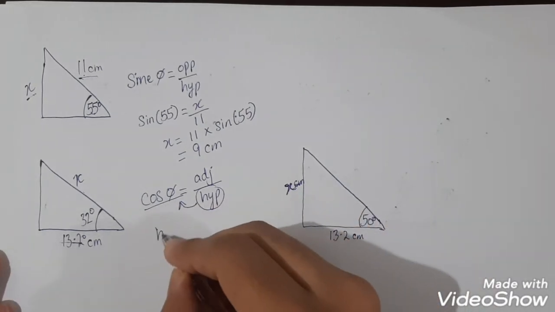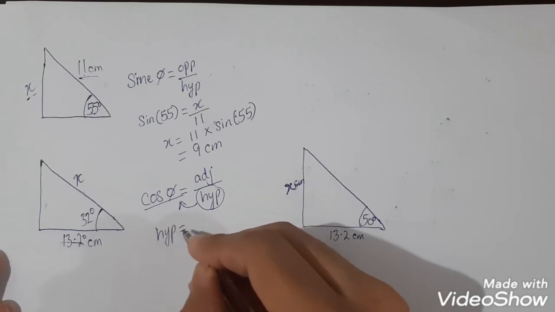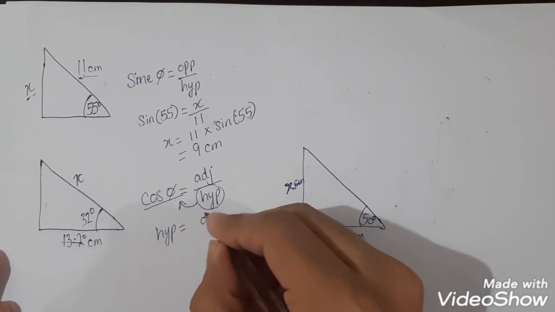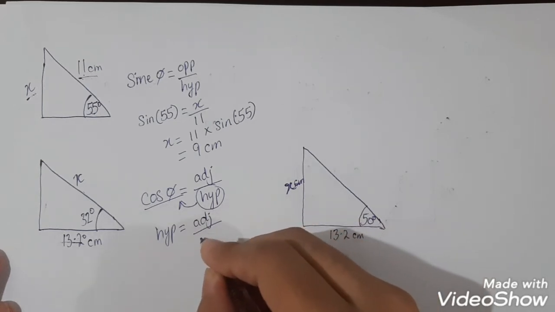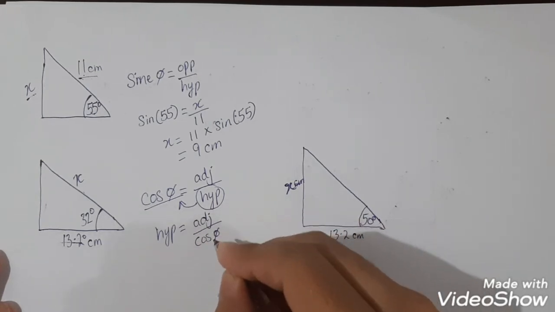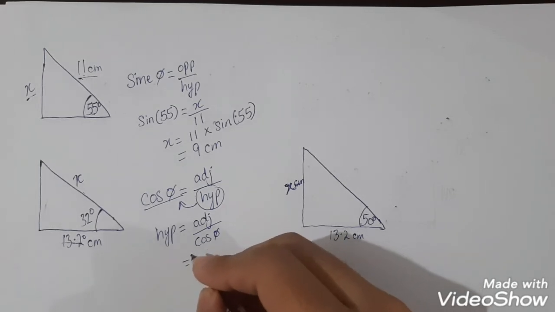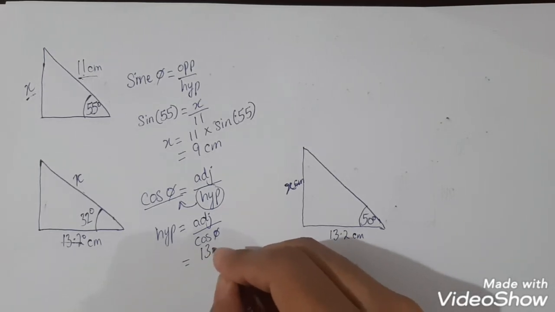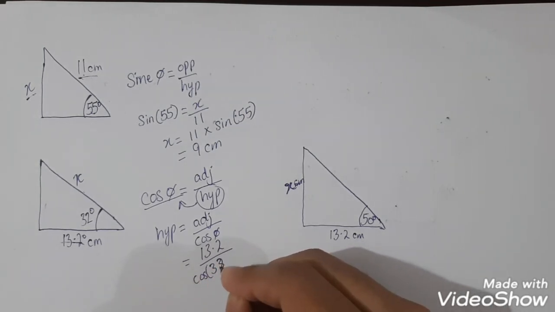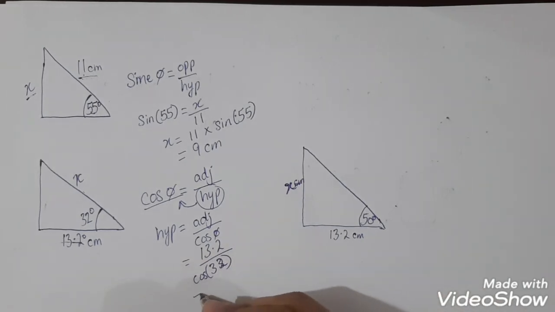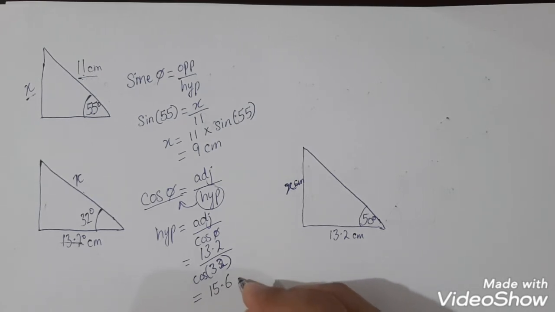So we'll write hypotenuse is equal to adjacent divided by cos theta. So we will put in the values and write 13.2 centimeter divided by cos 32. So the value of hypotenuse will be 15.6 centimeter.